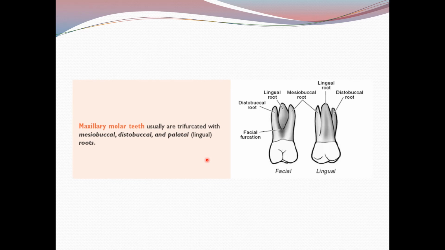And what about the maxillary molar teeth? The maxillary molar usually has the buccal root divided into mesiobuccal and distobuccal roots, and it has the palatal root. So the furcation of the maxillary molars has a mesial furcation, a distal furcation and a facial furcation.